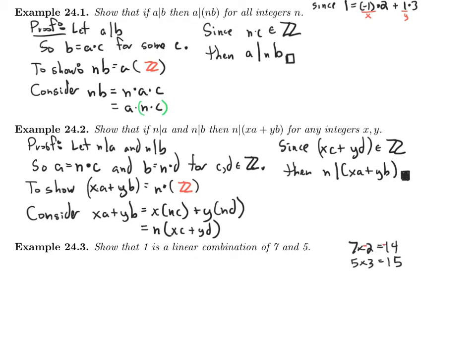So we get that 1 is indeed negative 2 times 7 plus 3 times 5. Negative 14 plus 15. That's our linear combination of 7 and 5.